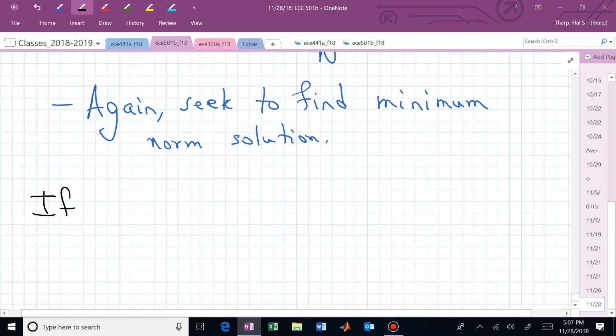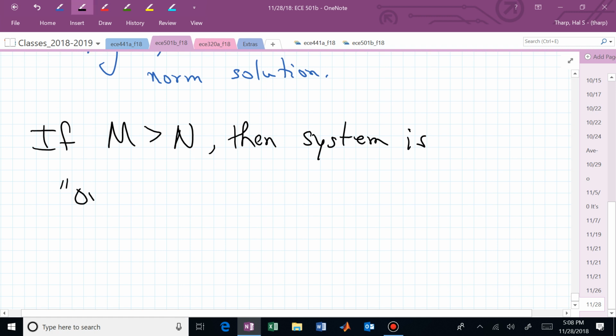One more. What if capital M, the output, we have more rows than we have columns? What if M is bigger than N? Now we have an overdetermined situation, more equations than unknowns in a way.